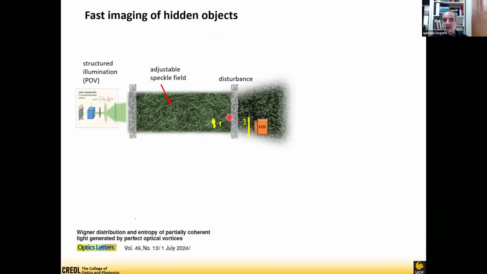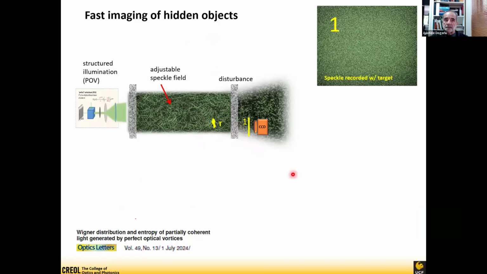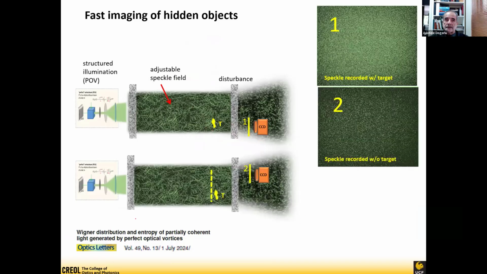demonstrate a very fast imaging of hidden objects. So you have a hidden object between two disturbances, and you take an image behind that. You have an additional image without the target.